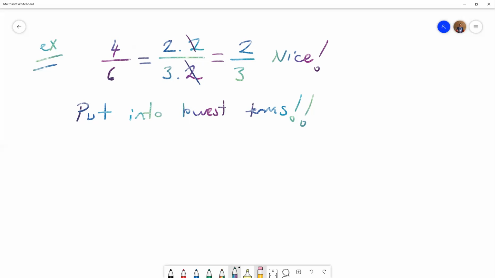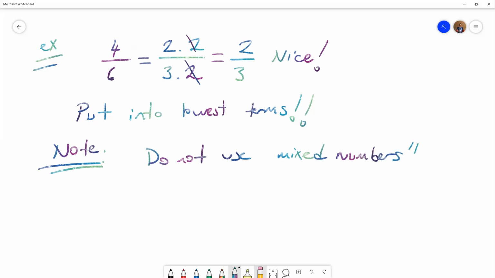And a final note for these things, another note: do not use mixed numbers. What do I mean by mixed numbers?